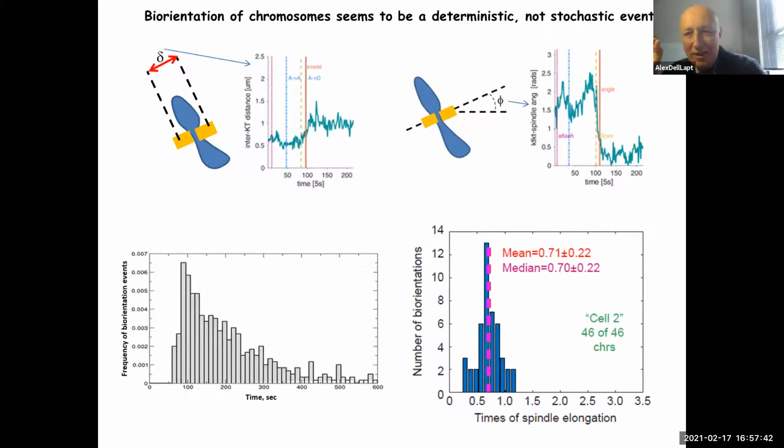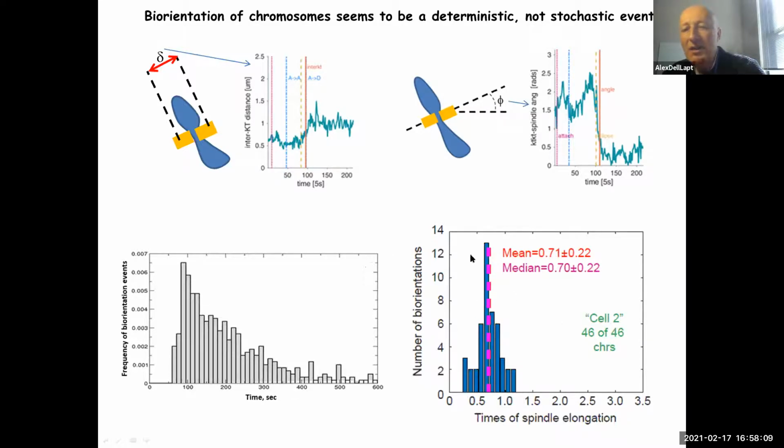The first surprise that this data brought to us was the following. To remind you, in the previous model, you have to wait a long time for all the chromosomes to be attached properly. This is the prediction of the model: an exponential long tail. This is the actual data from one cell, but we have tens of cells all showing the same.